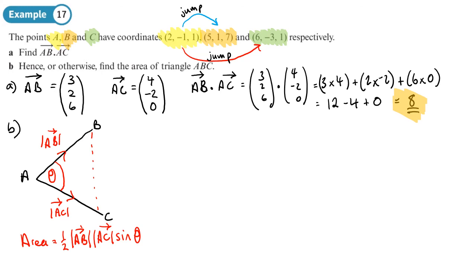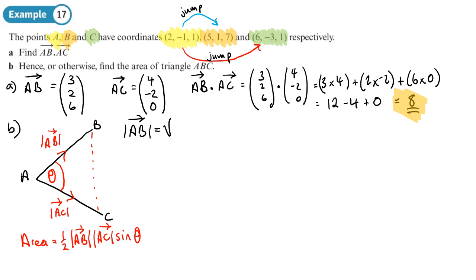So it's just a matter of finding the lengths of these vectors and then using the dot product to find the angle between them.